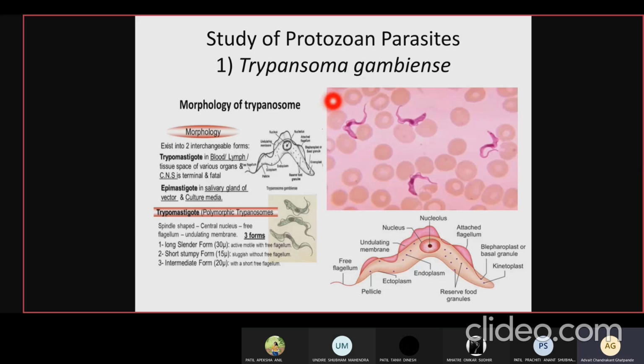Phylum Protozoa and class Mastigophora, and these are uniflagellate, polymorphic, digenetic parasites. Digenetic parasite means it requires two hosts.